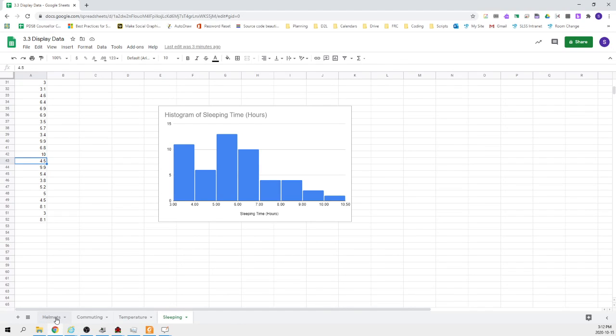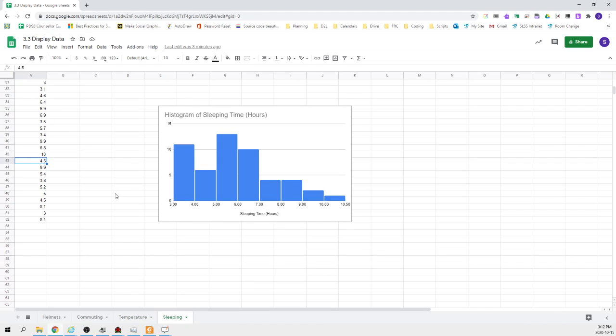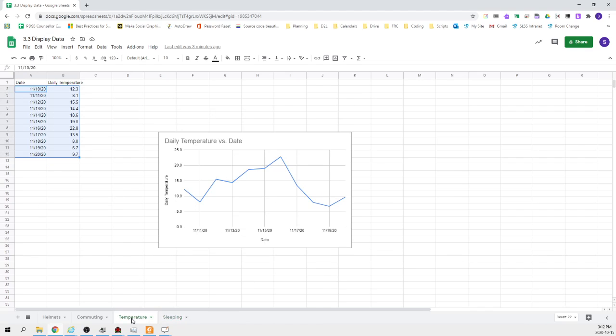So taking a look at the numeric example, we said temperature and sleeping are both numeric. Temperature, we say, is continuous because the temperature can be anything between 9 degrees and 13 degrees.